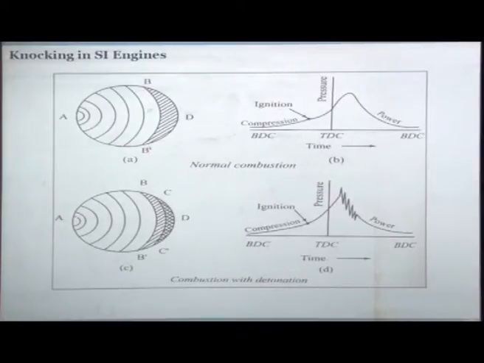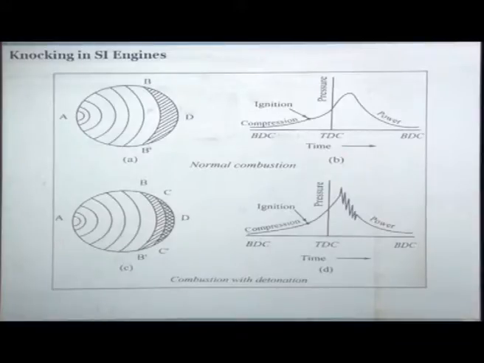So now there is a race between the velocity of the flame front and the chemical kinetics of this part. If the ignition delay of this fuel is large enough so that the flame is able to penetrate through the entire charge, then it will lead to no knocking event, normal combustion. So you apply the spark here and you will have a very smooth combustion.